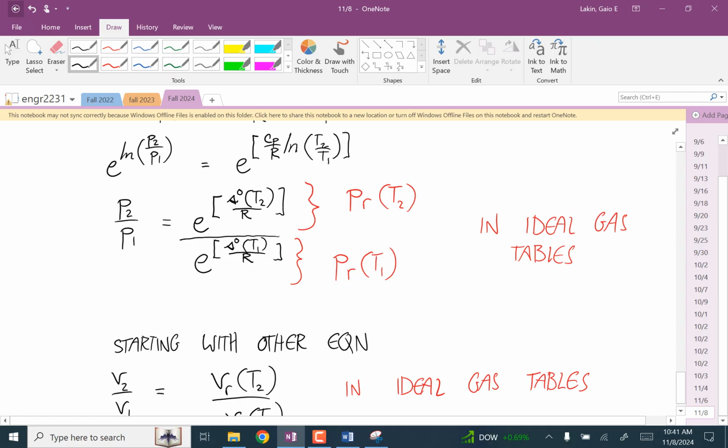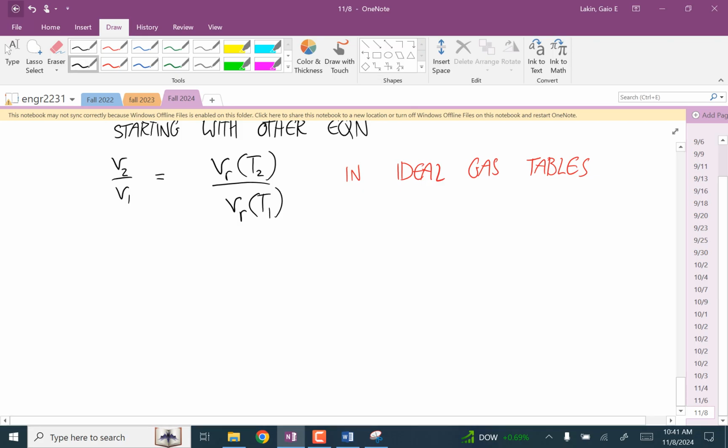Okay, I want to do one example. This is something we used to do for a Physics 1 lab. So we're going to say there's air at 22 degrees Celsius and a pressure of 1 atmosphere.